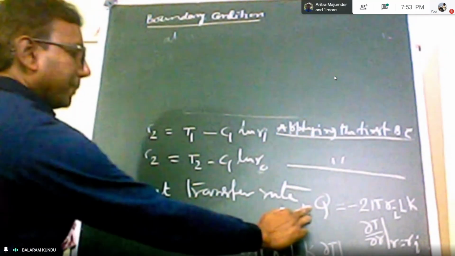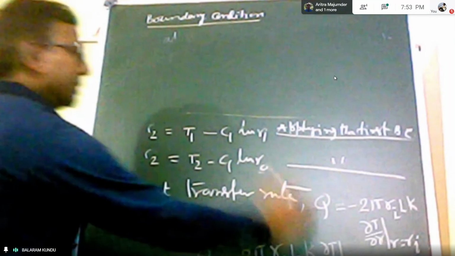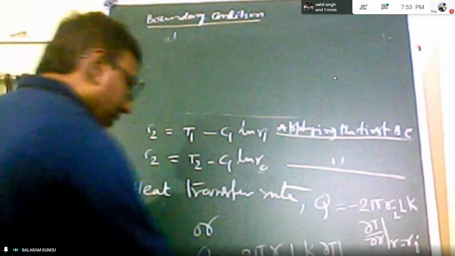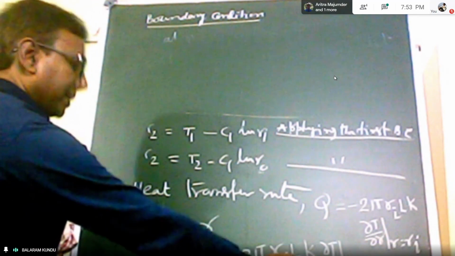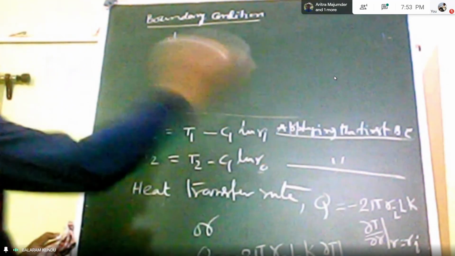So you can apply the Fourier's law of heat conduction at the inner surface, or at the outer surface, to determine heat transfer rate, or at any section you can apply here.